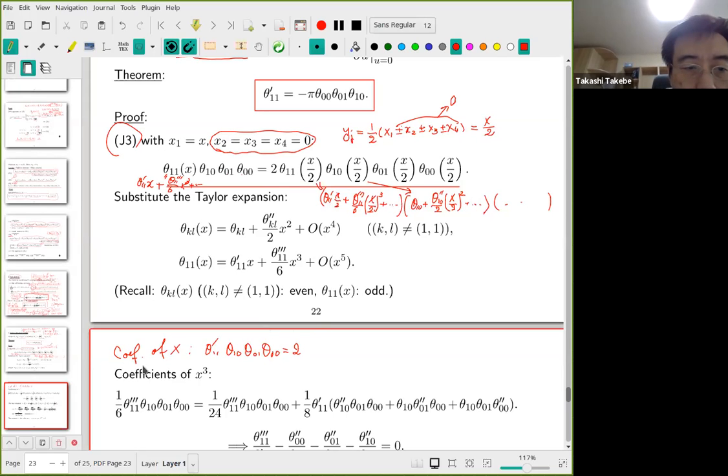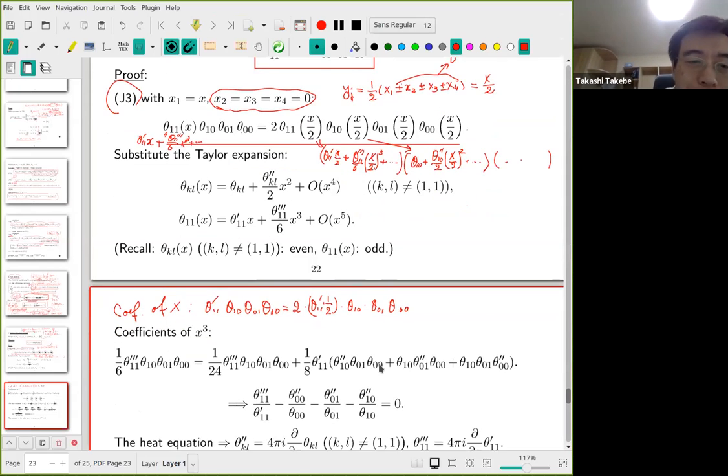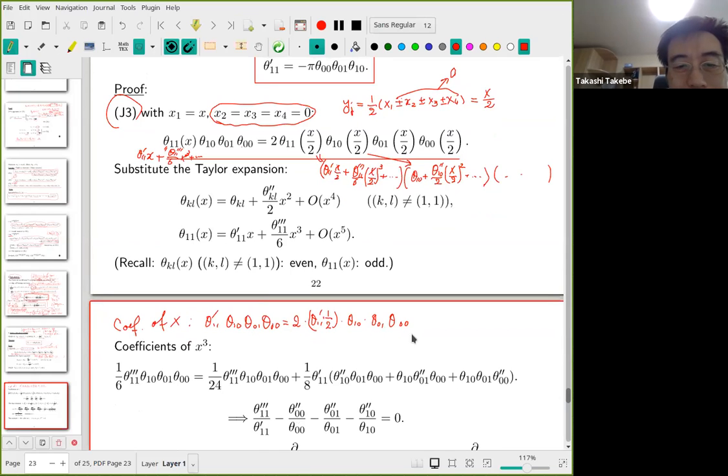So we have theta 1 prime 1 over 2 from here, and the other constants. Well, this is trivial, or identity.